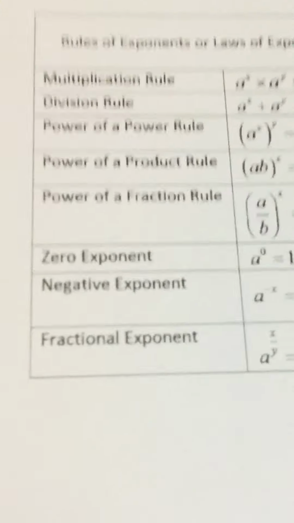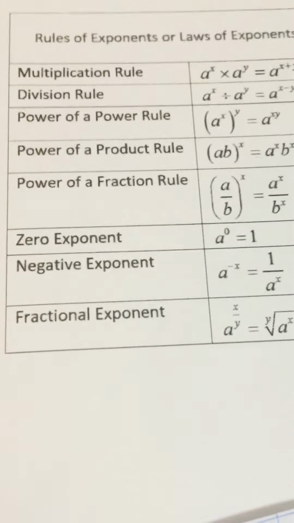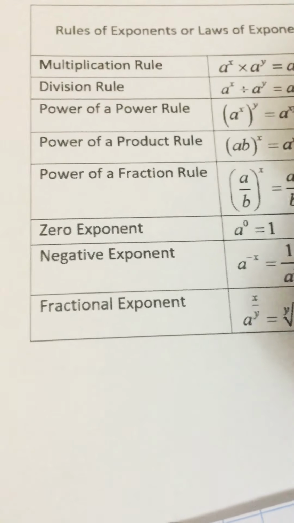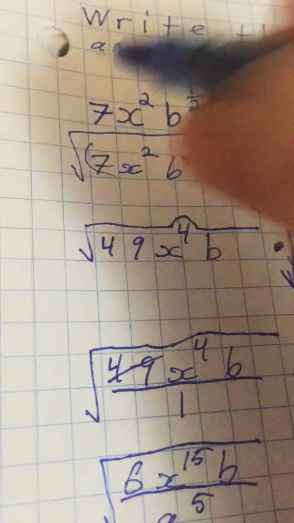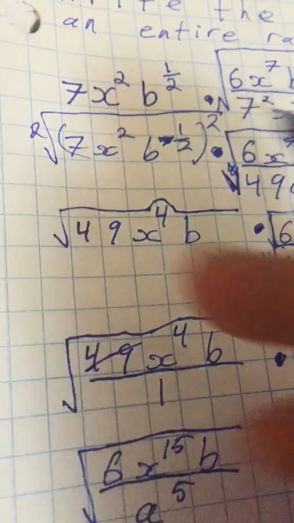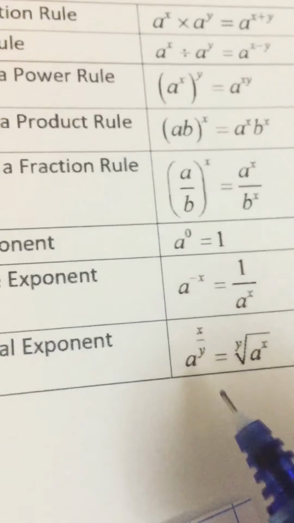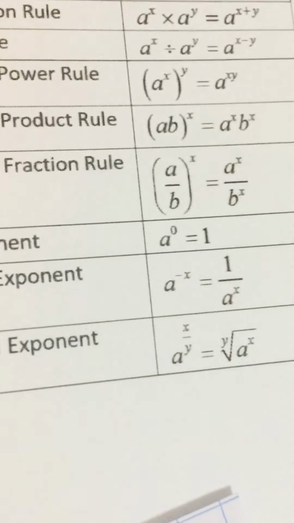And these are the product rules that I used. I know I used the multiplication rule. I did use the power of a product rule in this step here. I just did most of it in my head. So I squared this and then that there. And one of the things we know about radicals is they're equal to fractional exponents.